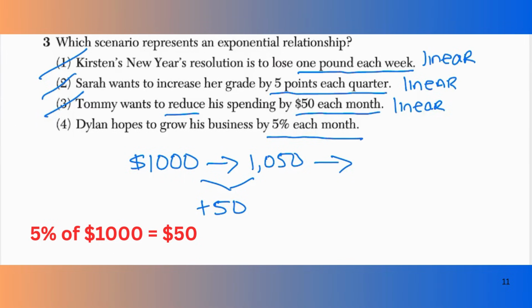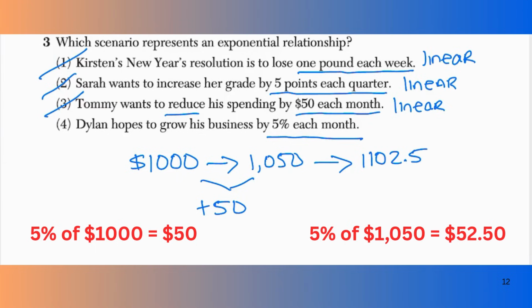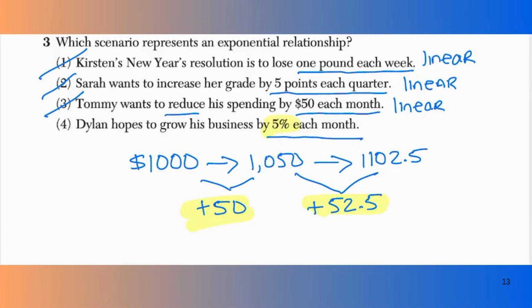But the month after that, if I'm going to take 5% of 1,050 and then add it to 1,050, that's going to bring me to $1,102.50. So this was an increase of $52.50. So you see that the change is not the same. Even though the percent is the same, I'm taking a percent of a different number. So I end up with a different number that his business is increasing by.